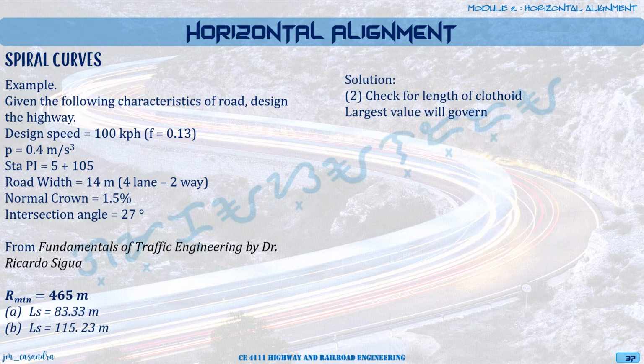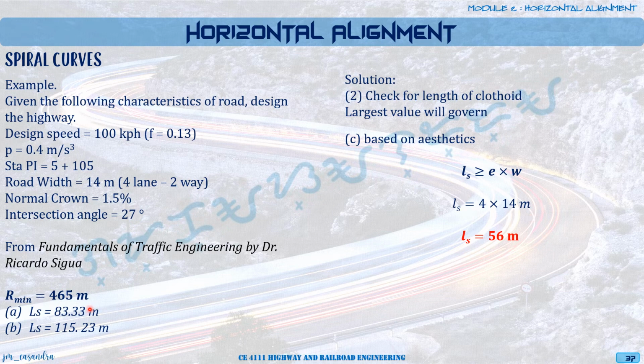Okay, so the last basis for our spiral length is based on aesthetics. So this is now computed as E times the road width. So what we have assumed for our mean was 4%, so 4 times 14 meters. LS now is equal to 56 meters.